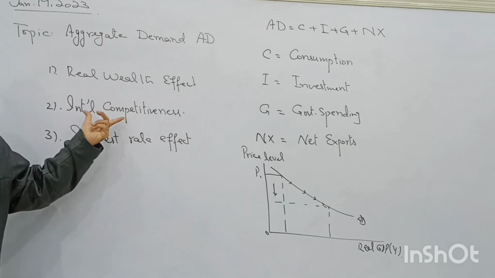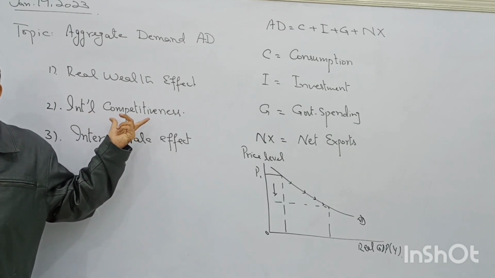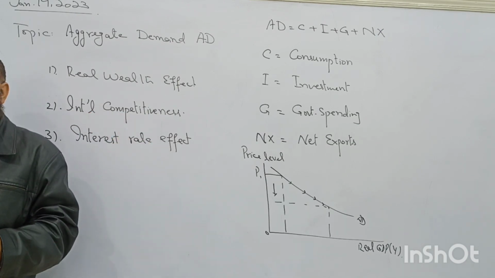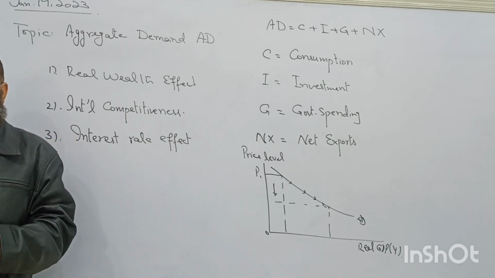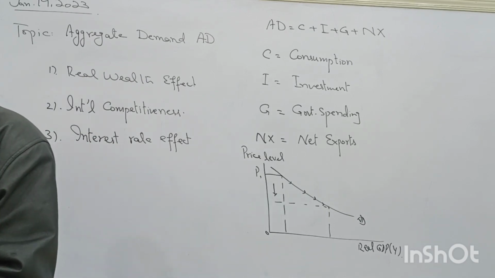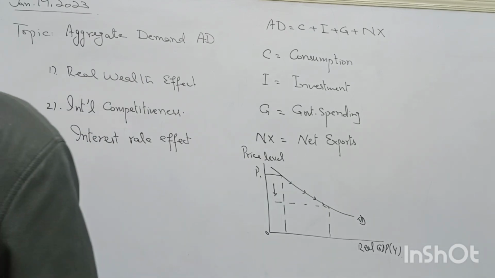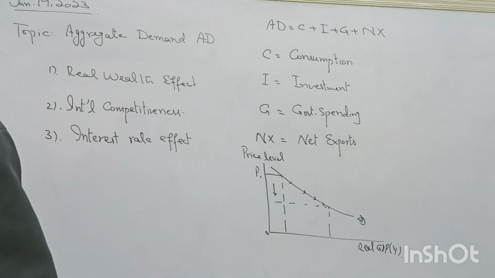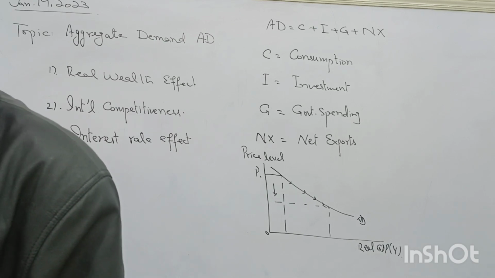Now, international competitiveness has also increased in the international market. So our exports will become cheaper in other countries, and then they will be demanded more. And interest rate, obviously, when prices are lower, people are not facing any difficulty borrowing, demand for loans will be lower, and the interest rate will ultimately be lower to finance their expenditures.